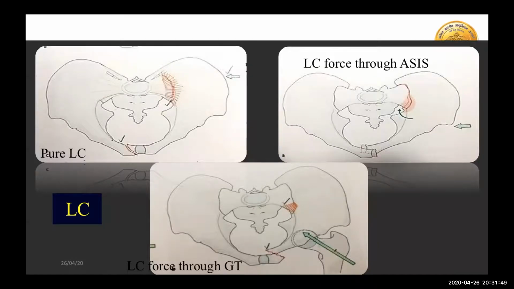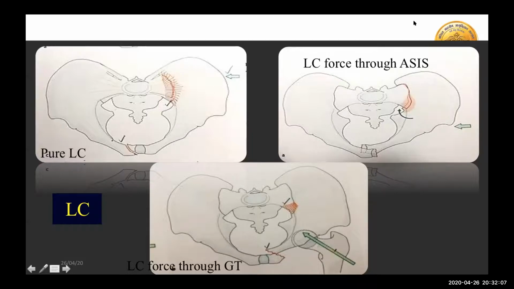Coming to the lateral compression type, essentially there can be 3 types: the LC1, the LC2, and the LC3. Predominantly when you look at the LC1s, the force essentially comes from the level of the iliac crest, which tends to buckle or compress the posterior ring, and it tends to fracture the anterior ring as well.